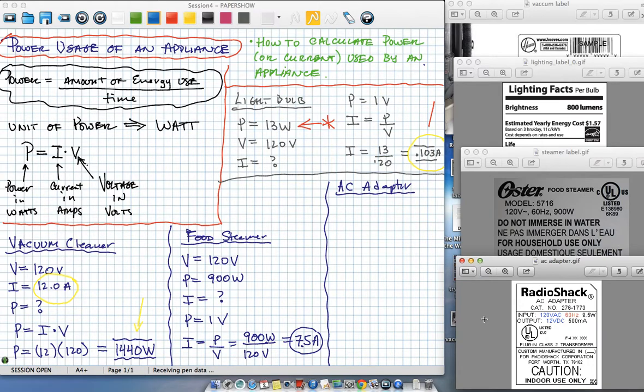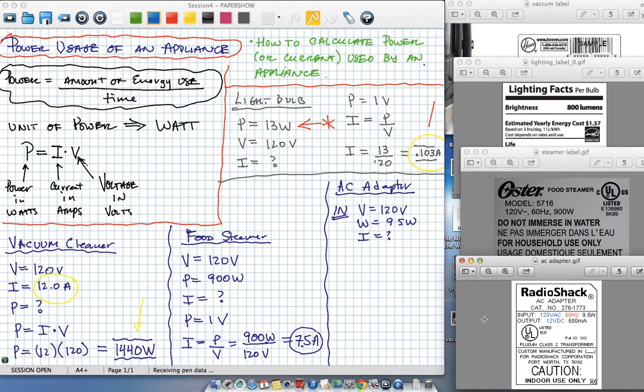Okay, so our input, what do we have? We have volts is equal to 120, and we have wattage is equal to 9.5 watts, and let's figure out what the current is.